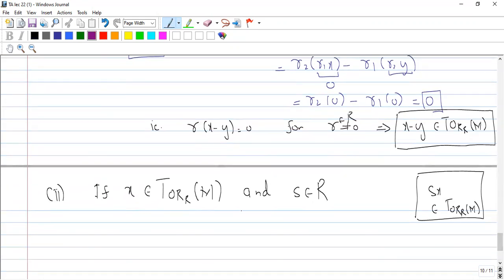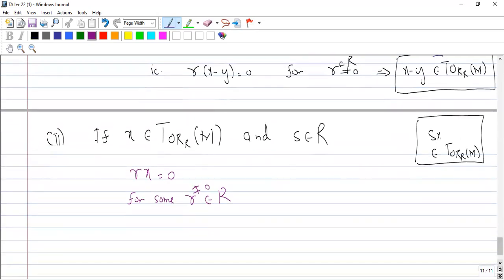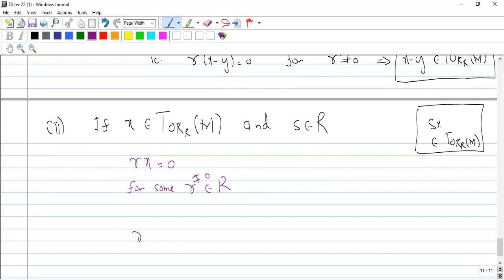This is not that difficult because x is an element of tor, so it means that r of x is equal to 0 for some r not equal to 0 in R. So if you multiply the same r with sx, again this could be written first in this way, and then using commutativity, since we are assuming R is a commutative ring, it is equal to s of rx.